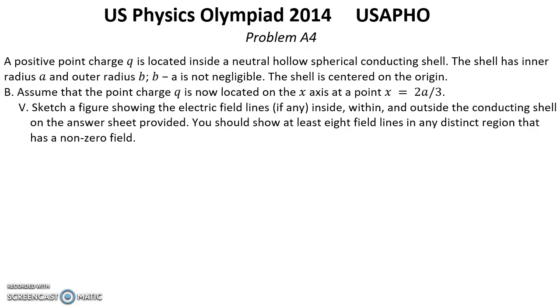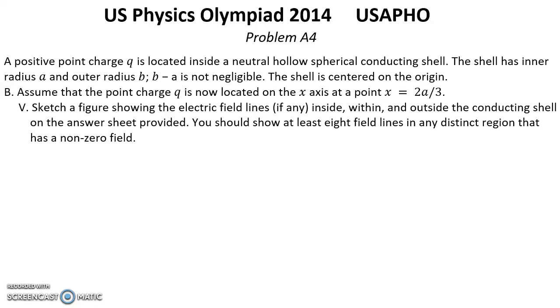Question 5. Sketch a figure showing the electric field lines, if any, inside, within and outside the conducting shell on the answer sheet provided. You should show at least 8 field lines in each distinct region that has non-zero field.